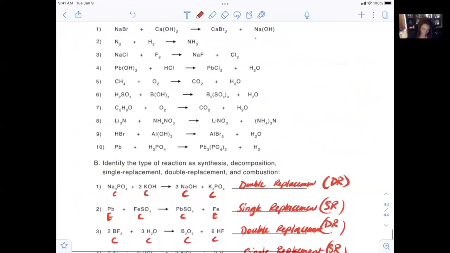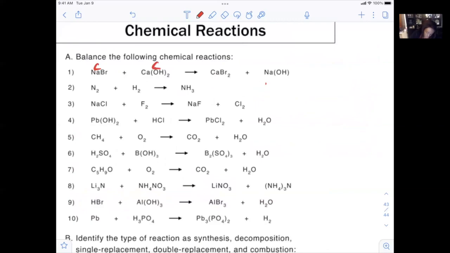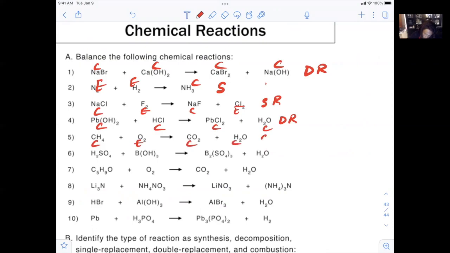Okay, so let's see if we can look at these real quick. Compound, compound, compound, compound: double replacement. Element, elements, compound: synthesis. Compound, element, element, compound: single replacement. Compound, compound, compound, compound: double replacement. Compound, elements, compound: combustion.